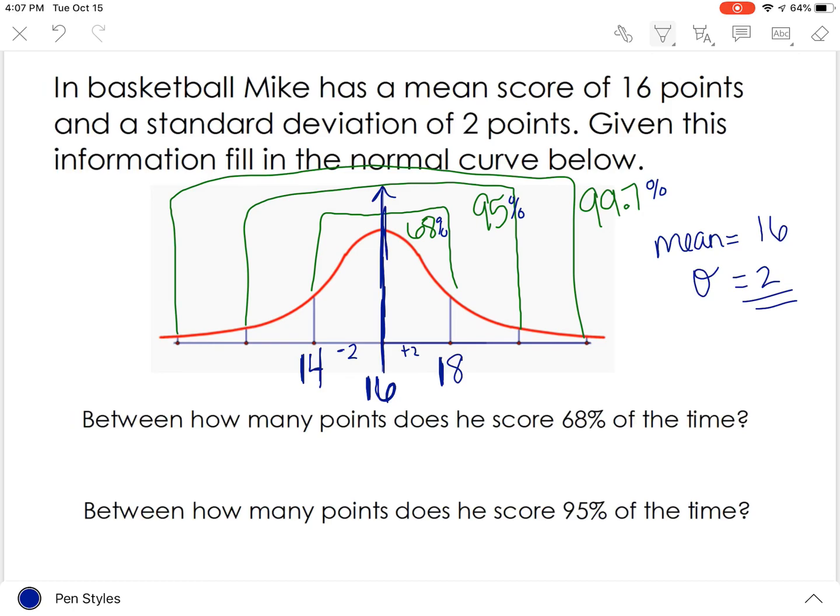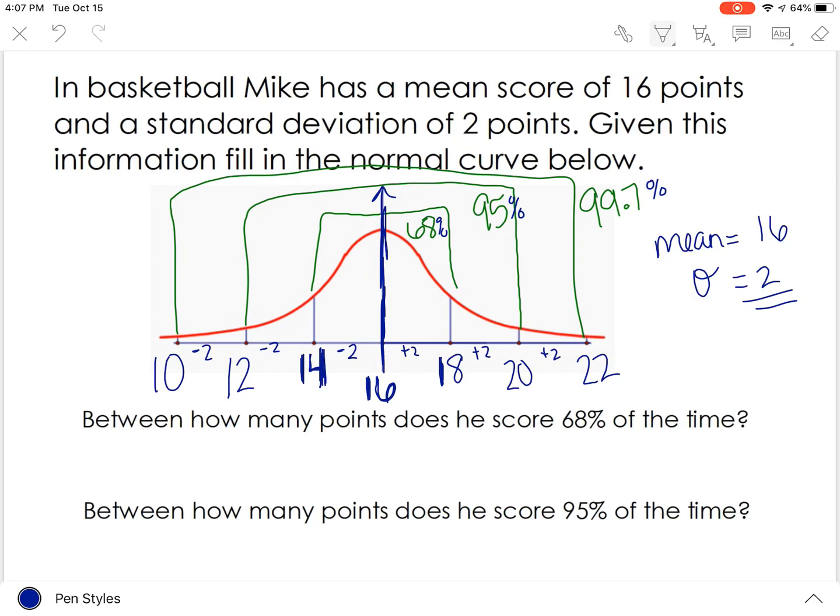So that tells us 68% of the points Mike scores fall between 14 and 18. Then to keep going, we would keep adding 2, that would be 20. Add 2, that would be 22. To keep filling out the left, we would keep subtracting 2. That would be 12. Subtract 2, that would be 10. So now we know what each of our intervals represents.